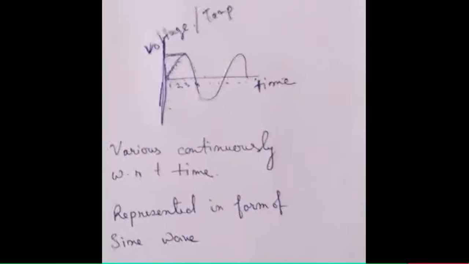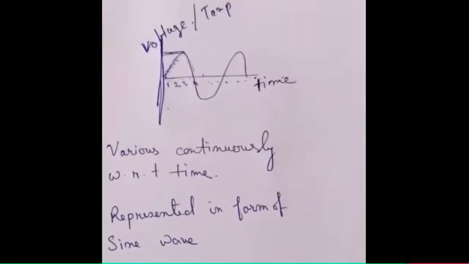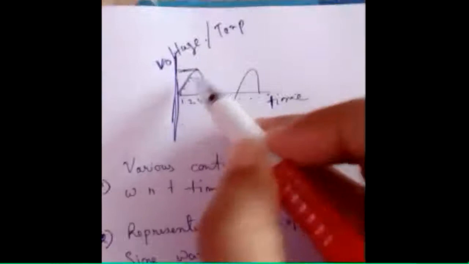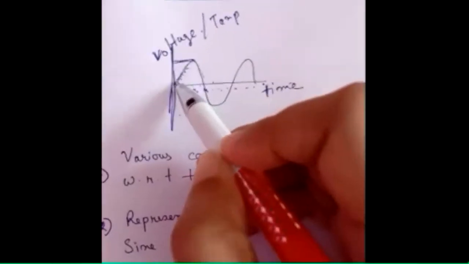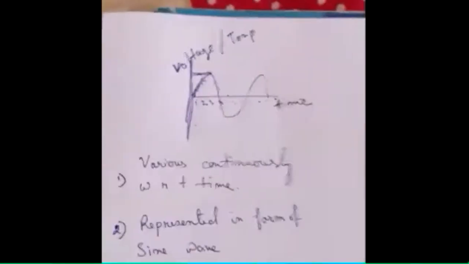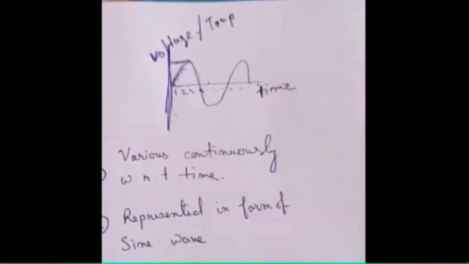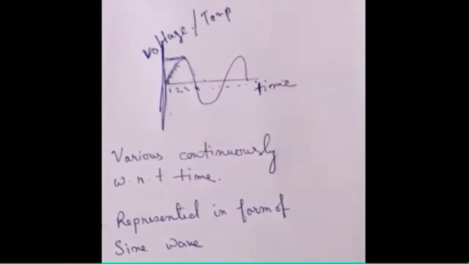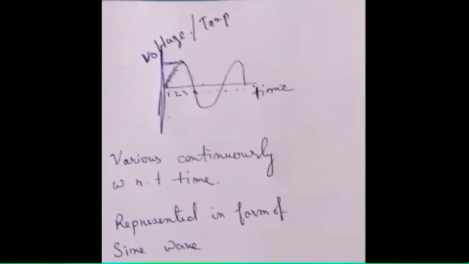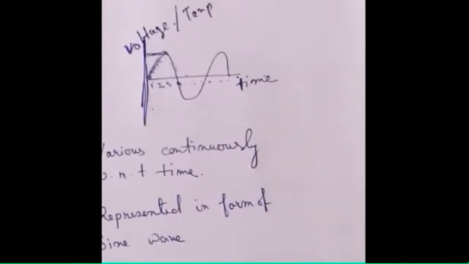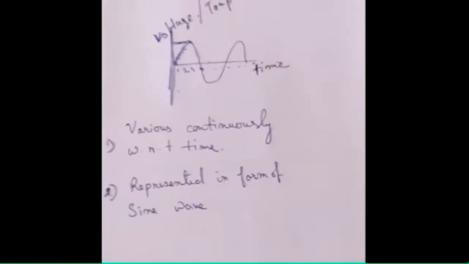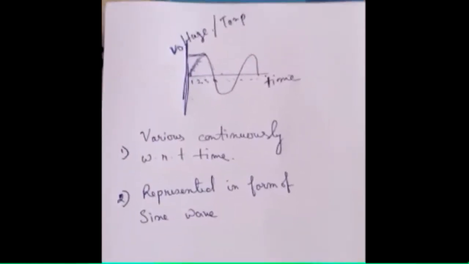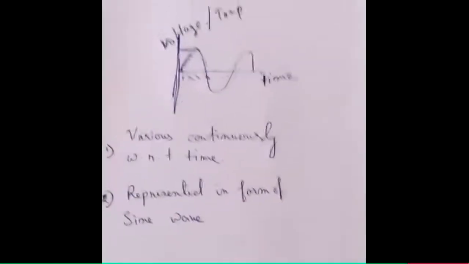So that's an example of an analog signal, or we can say voltage. If voltage is flowing, it doesn't remain constant. It continuously changes with time, and doesn't stop at a particular time. Is it clear? Yes, ma'am.